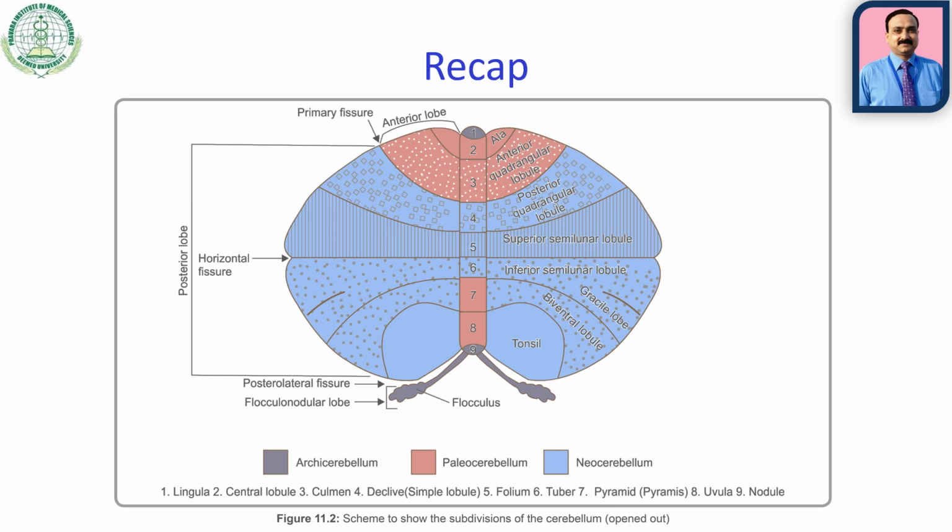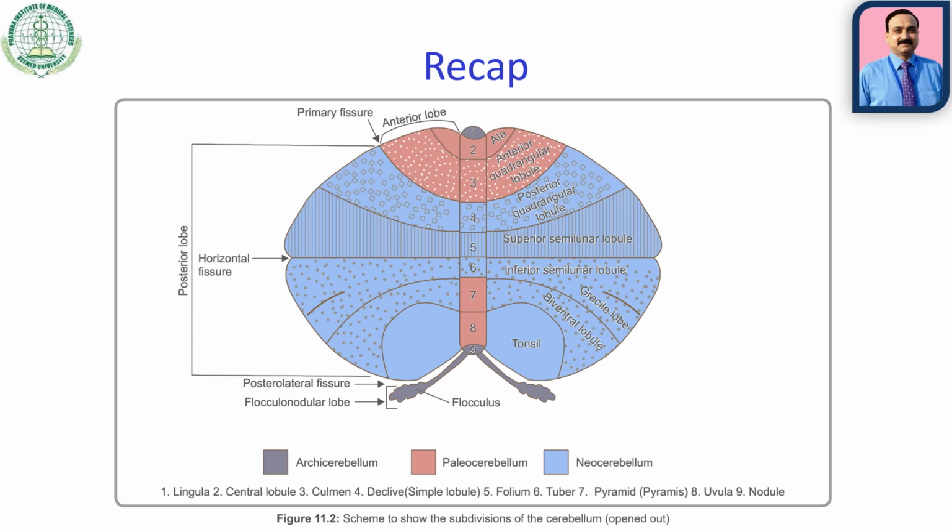Last time when we studied cerebellum, we defined the cerebellum as the largest part of hindbrain, which is situated in the posterior cranial fossa behind the pons and medulla oblongata.